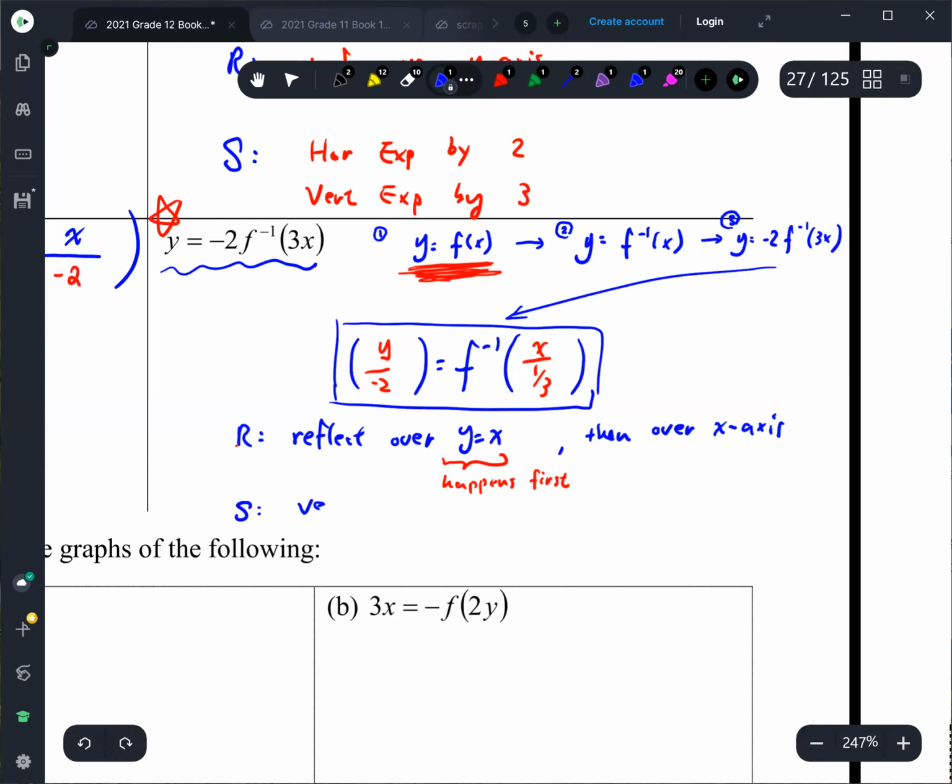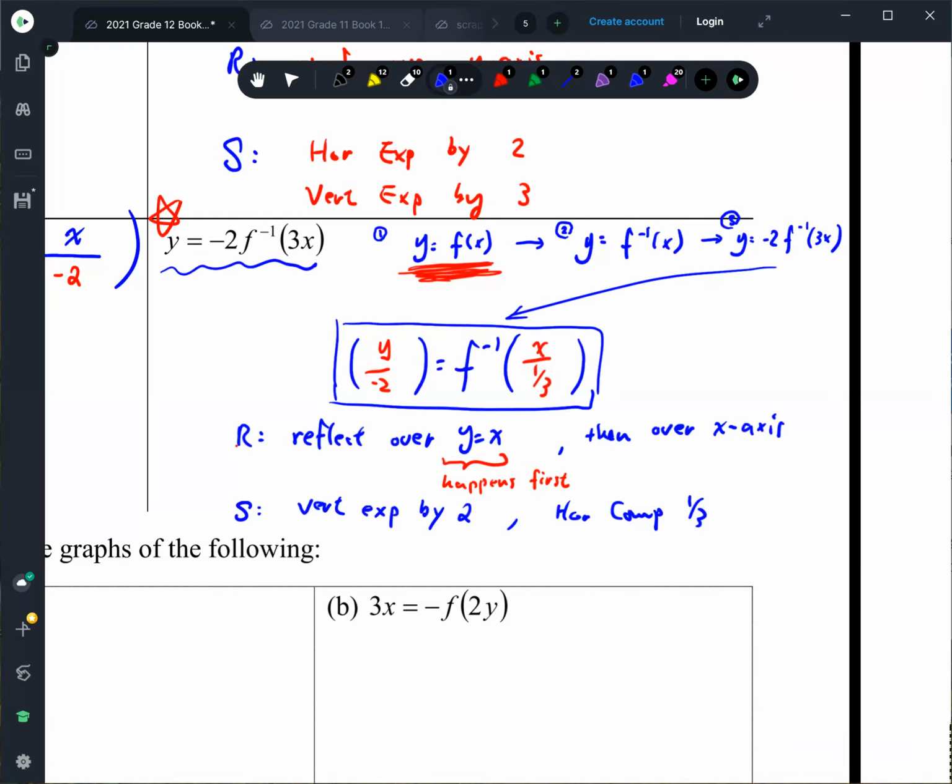Vertically expand by -2. Or by 2, sorry, by 2. By 2 only, okay? And then horizontally compressed by 3 or 1/3. 1/3, okay? Not by 3, okay? Just 1/3 because it's less than 1, okay?